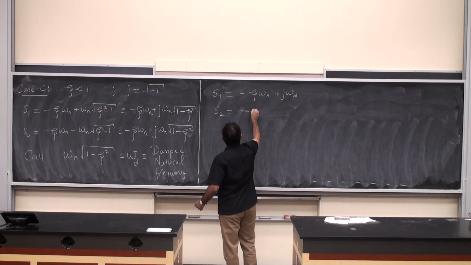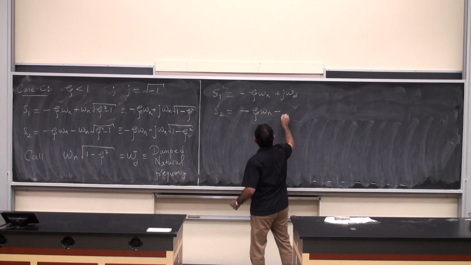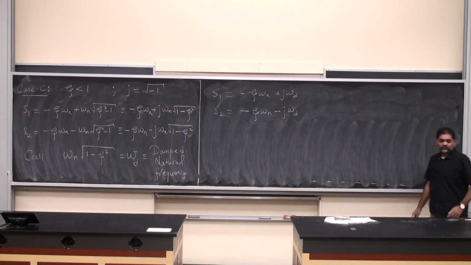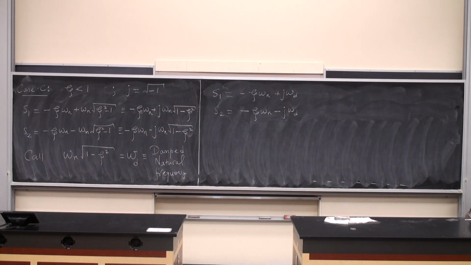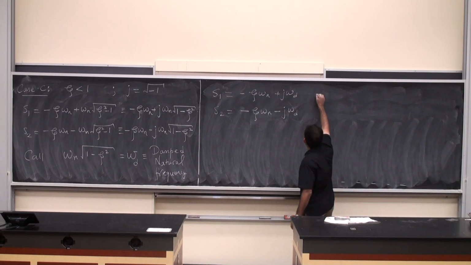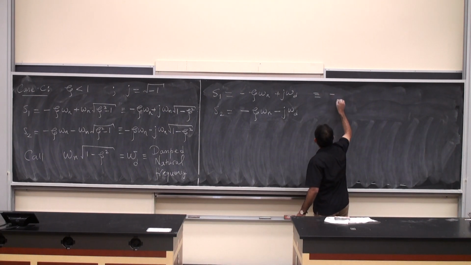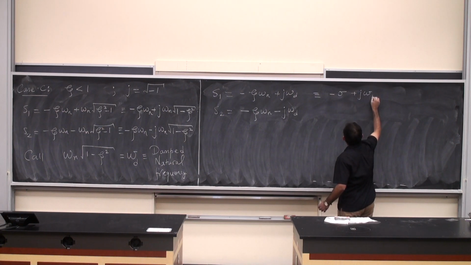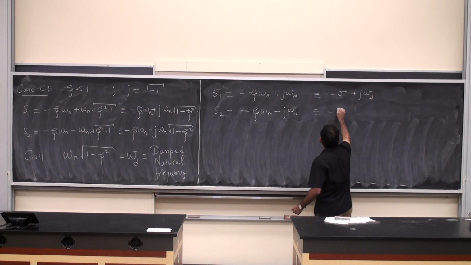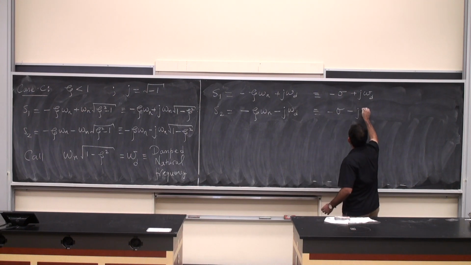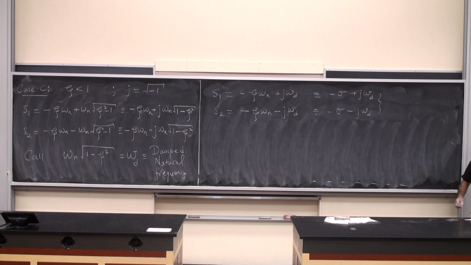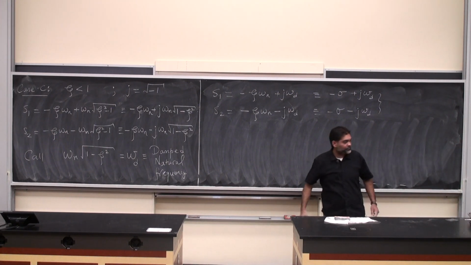S2 is minus zeta omega n minus j times omega d. I'm going to write this as the following: minus sigma plus j omega d, minus sigma minus j omega d. You can leave it as minus zeta omega n as well, no harm done. This is just making it easier to write.